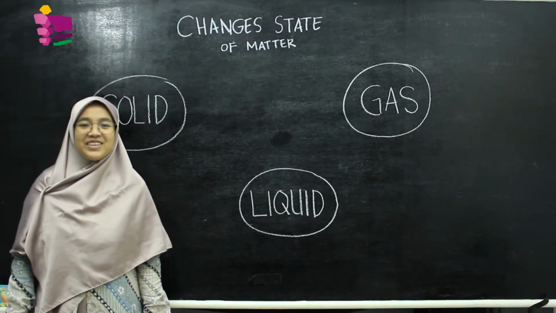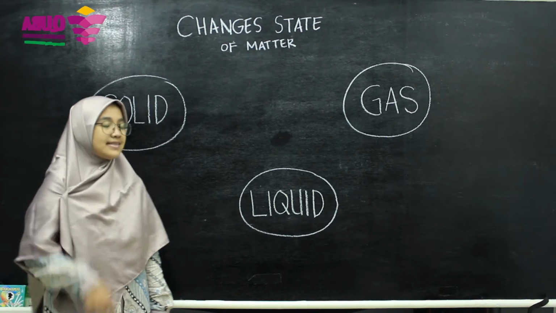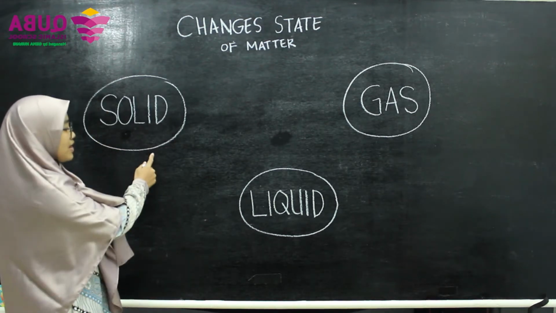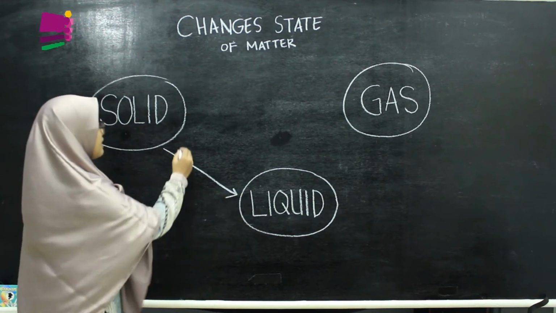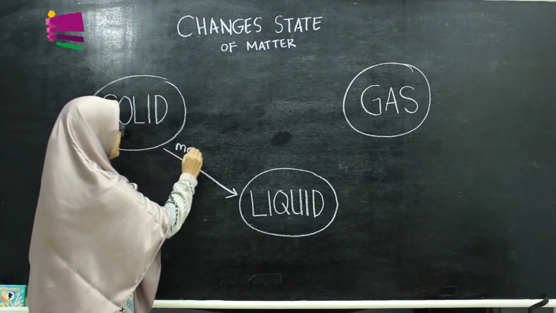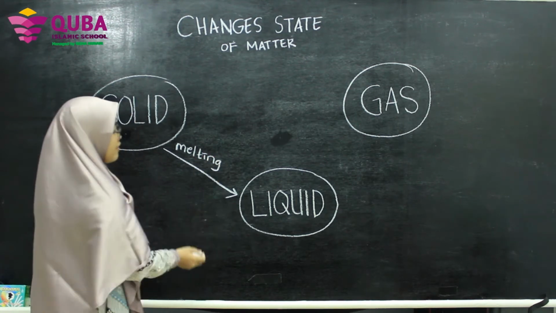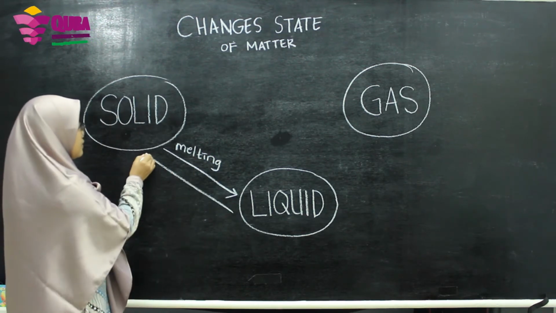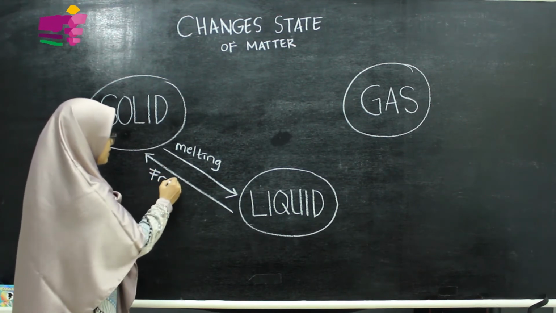You may check in your writing book the changing states of matter. Let's discuss. From solid to liquid is melting. From liquid to solid is freezing.